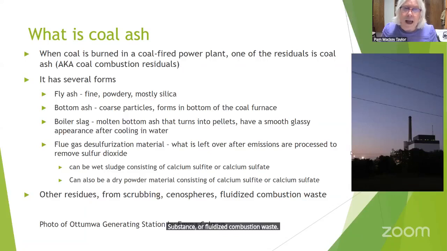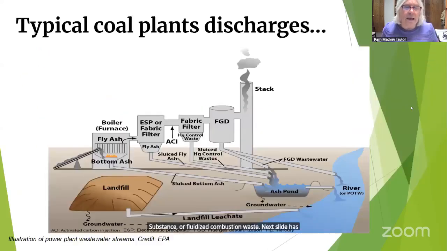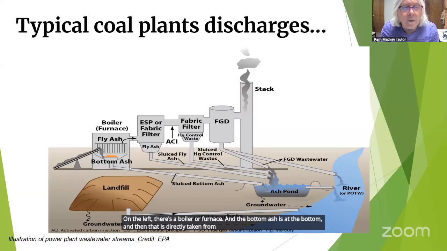Now, the next slide has a diagram of a coal plant and the smokestack, and it talks about where these coal ash residues come from. In the middle of the page, on the left, there's a boiler or furnace, and the bottom ash is at the bottom, and that is directly taken from the boiler and taken to the coal ash pond.